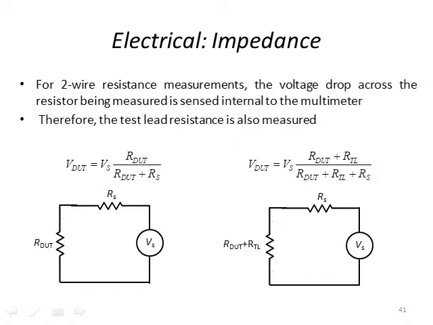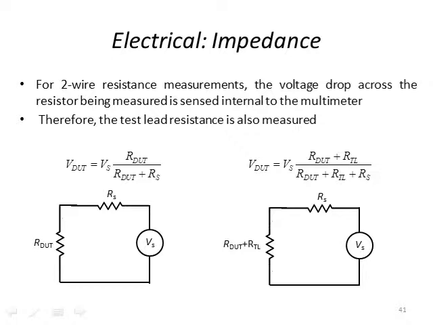Now, if you look at most instruments, you'll see that, for example, the 34401A Agilent instrument has connections for a 2-wire measurement and a 4-wire measurement. Now, in a 2-wire measurement, essentially, let's say we're going to measure some device, some resistor, our DUT, then we have to basically break the circuit and put current through our DUT.